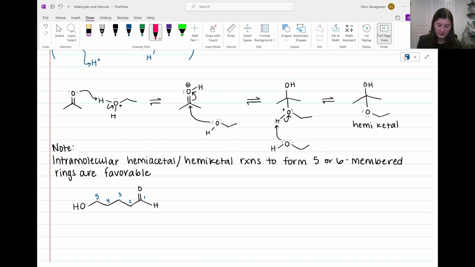Now this isn't the complete mechanism, but just to simplify, you can imagine that this oxygen from the alcohol group could bond to that carbonyl carbon, acting as a nucleophile. Electrons from that double bond go up to the oxygen. We will have protonation, deprotonation steps as well.